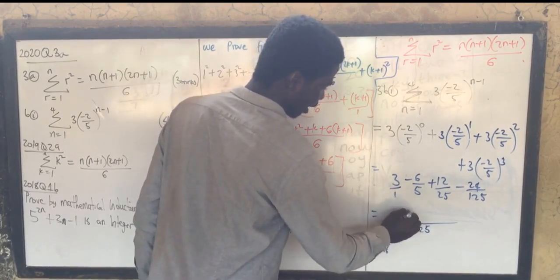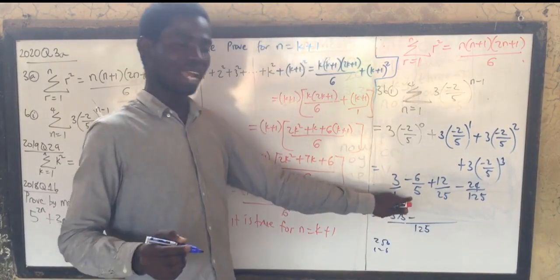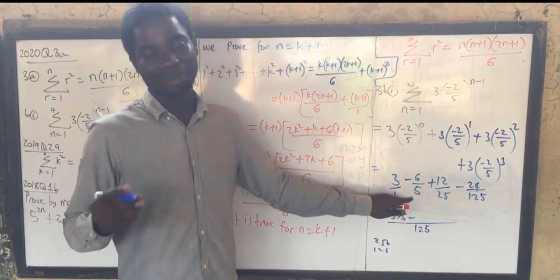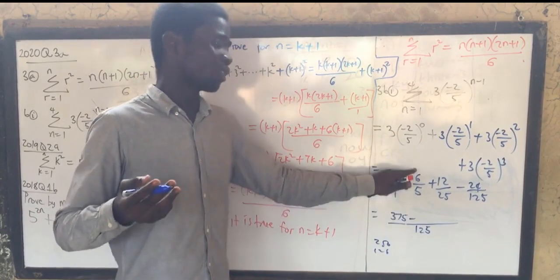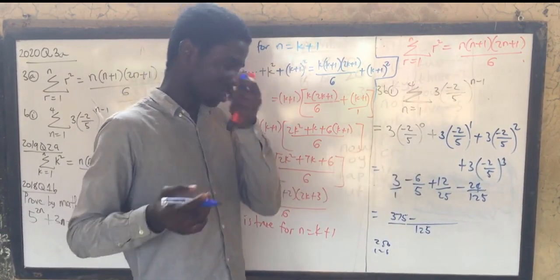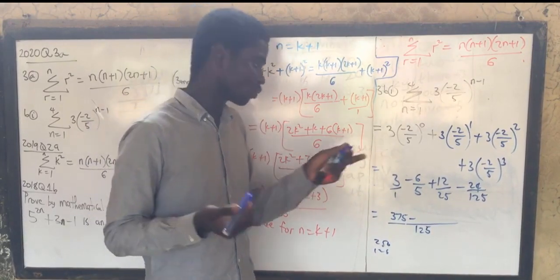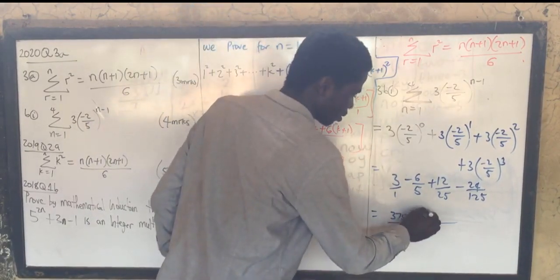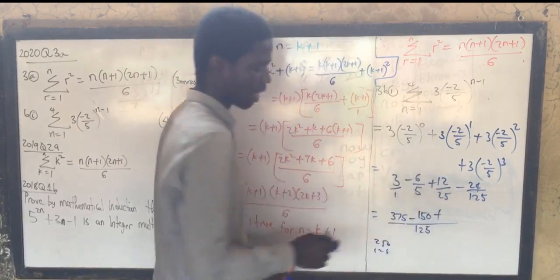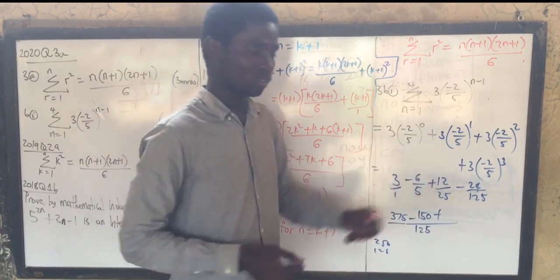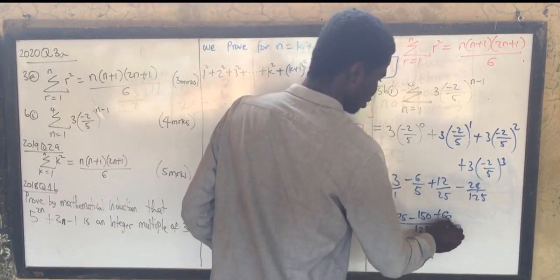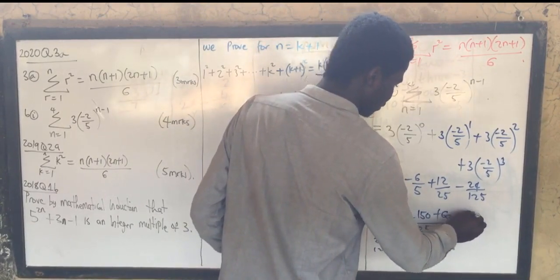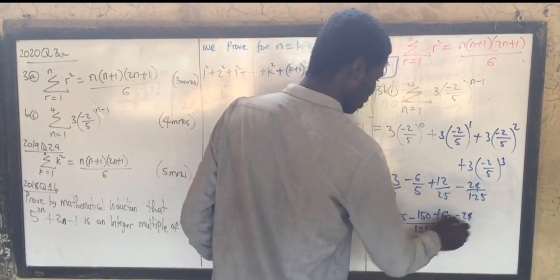So this is 375 minus 125 divided by 5, that is 25. 25 times 6, 25 times 4 is 100, so 25 times 6 is 150, plus 125 divided by 25 will give me 5. 5 times 12 is 60. 60 minus 24. So that's what I have at the end of the day.